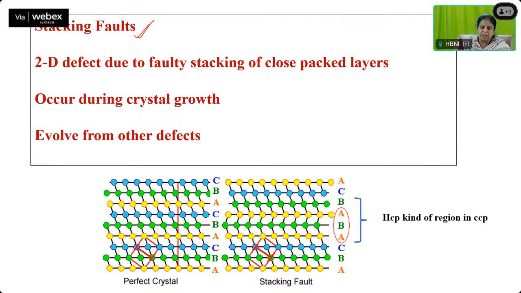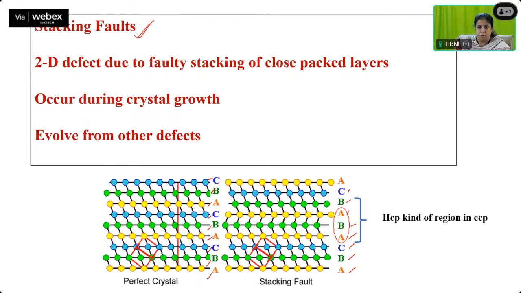Suppose your crystal structure was a CCP, so it had ABC, ABC, ABC kind of packing. What happens? Somewhere in the middle, you have ABC, AB, a C layer is missing, and you again have ABC, and then A continues.